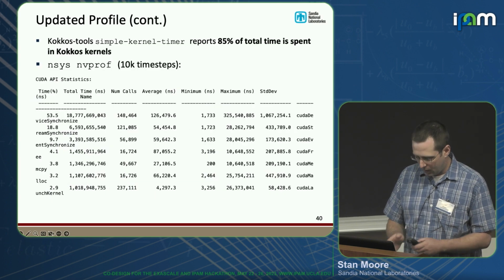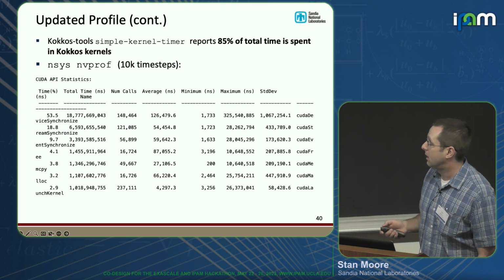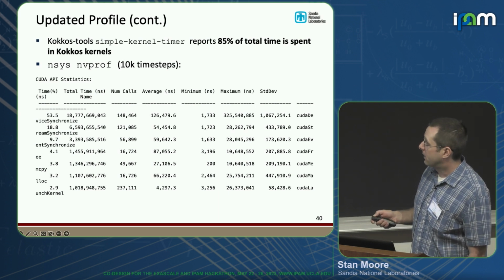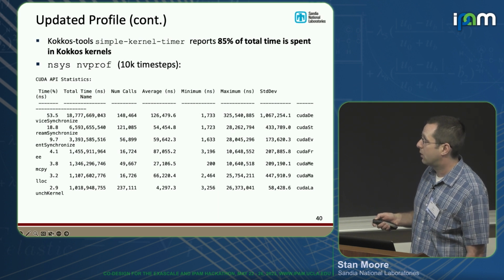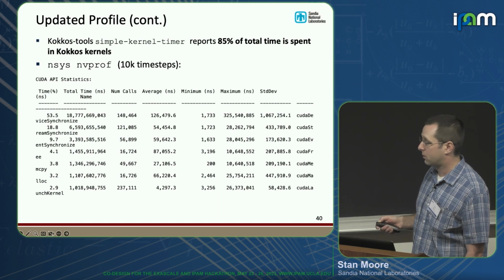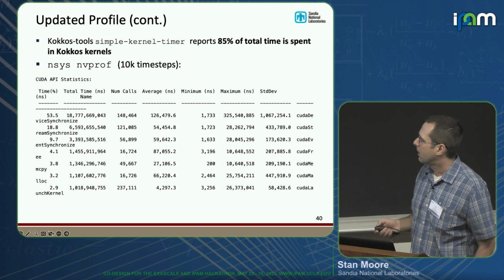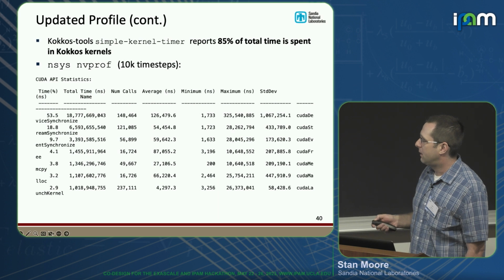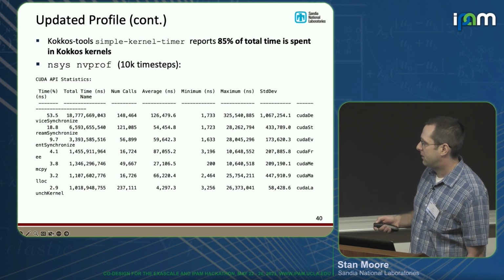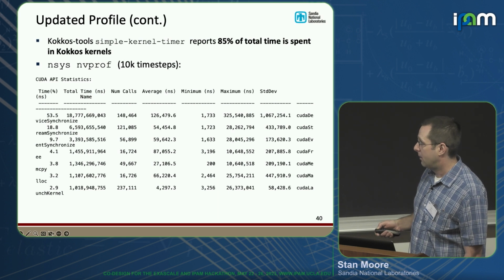And then here's profiling, first using the simple kernel timer. This is another Kokkos tool. It reports that about 85% of the whole time is spent in Kokkos kernels, so there's maybe 15% overhead on the CPU. For Nsight Systems, we can look at the different CUDA API statistics, and you can see that the first three are basically device synchronize and other synchronizations, which is good.